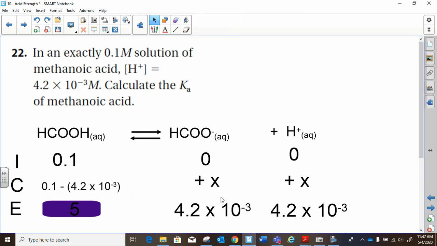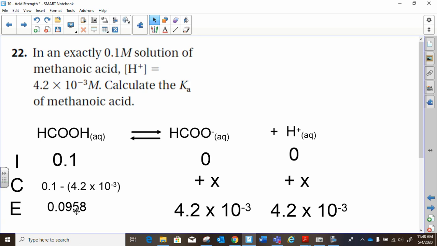I know it went from 0 to 4.2. The X value must be 4.2. I started at 0.1 for methanoic acid, but then 4.2% of it ionized, and that's where I am now left with a concentration of 0.0958.